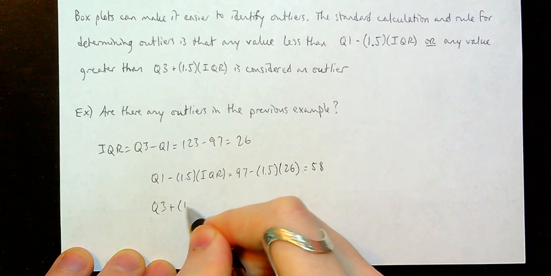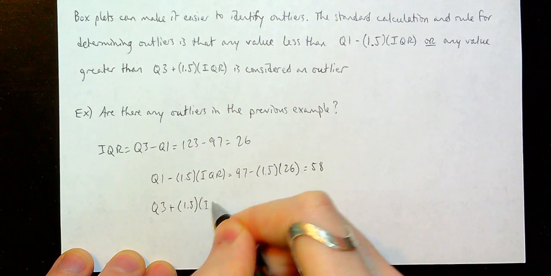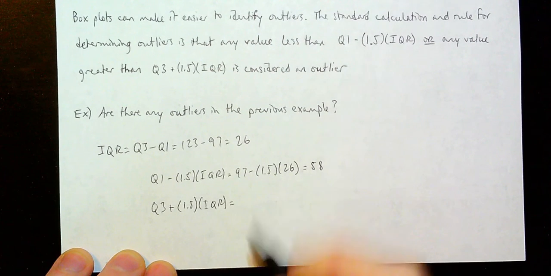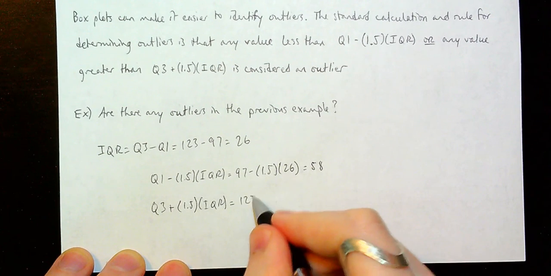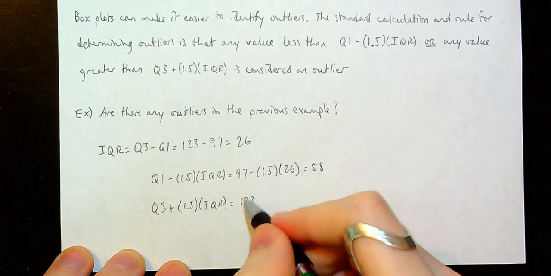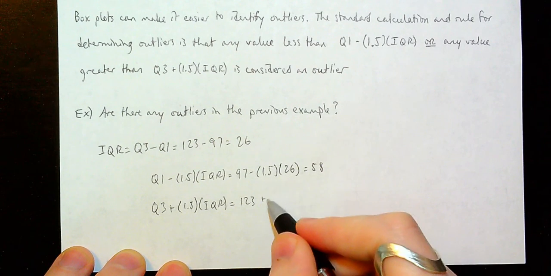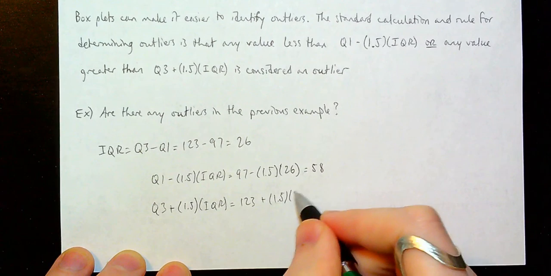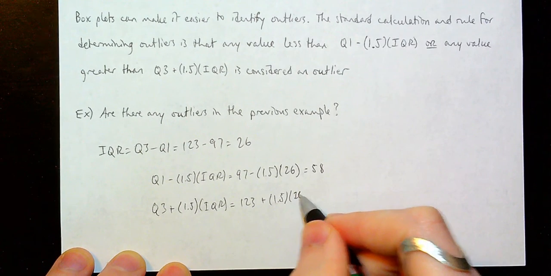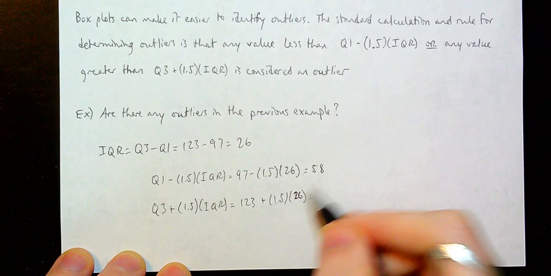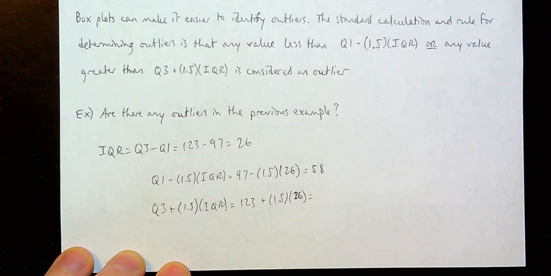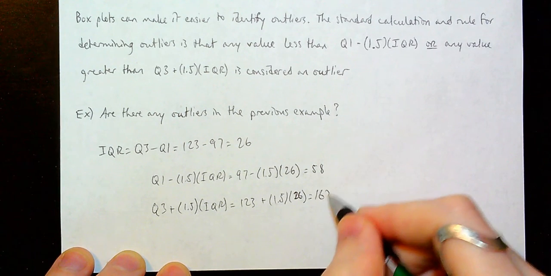Q3 plus 1.5 times the IQR, 123 was my third quartile, plus that 1.5 times 26, which, as we just said, was 39. So 123 plus 39 is equal to 162.